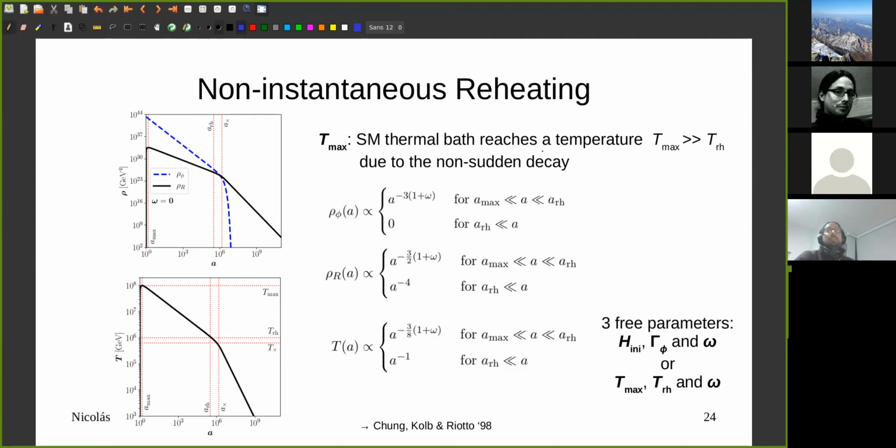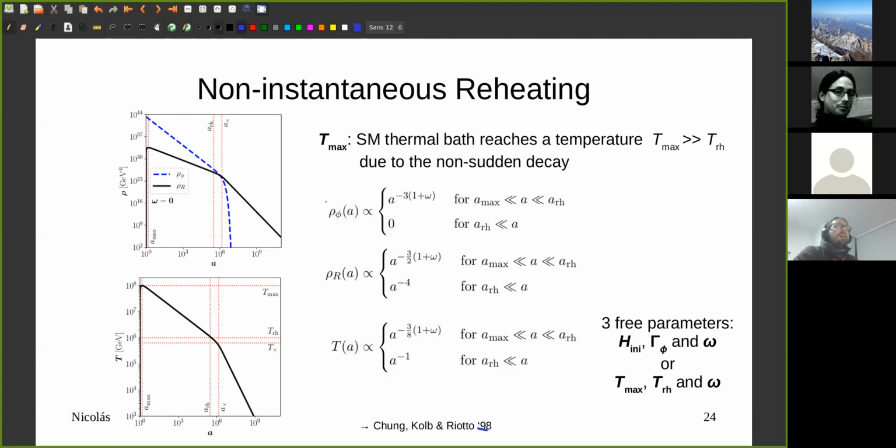And in that case, it has been shown more than 20 years back that in the realistic case of a non-instantaneous reheating, meaning a non-instantaneous decay of the inflaton, the standard model thermal bath could reach temperatures much higher than the reheating temperature.